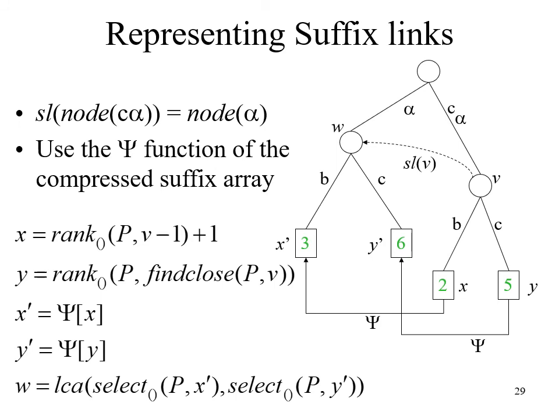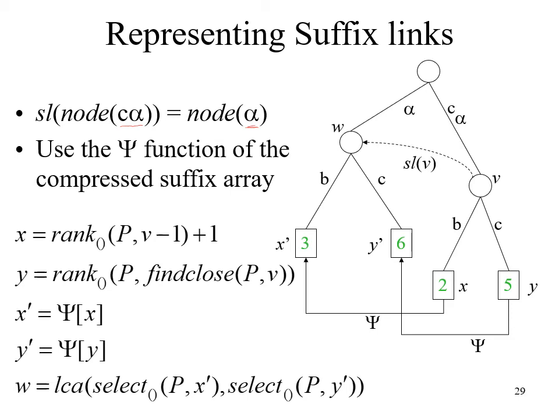Then we can compute the suffix link. The definition is that the suffix link of a node whose label is C alpha, where C is a character and alpha is a string, is the node whose label is alpha.